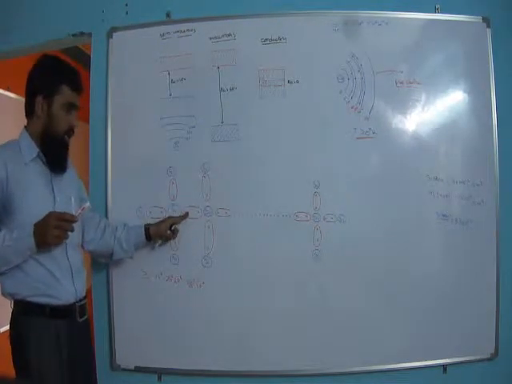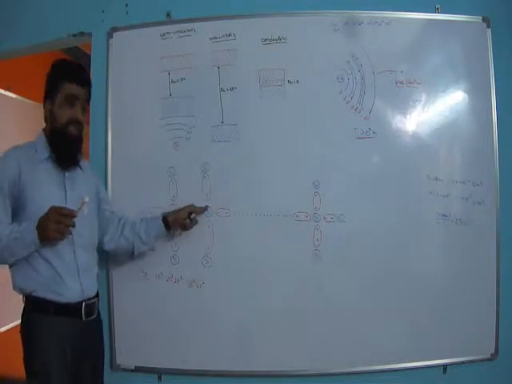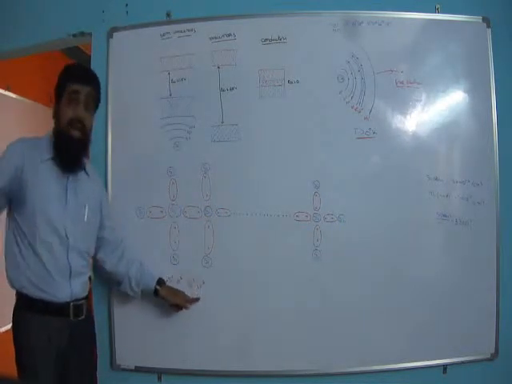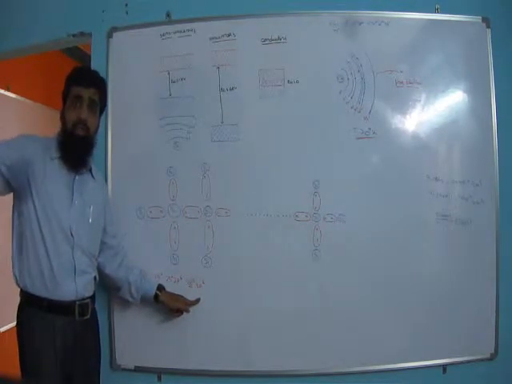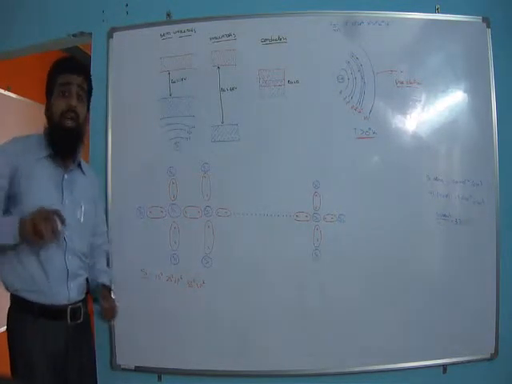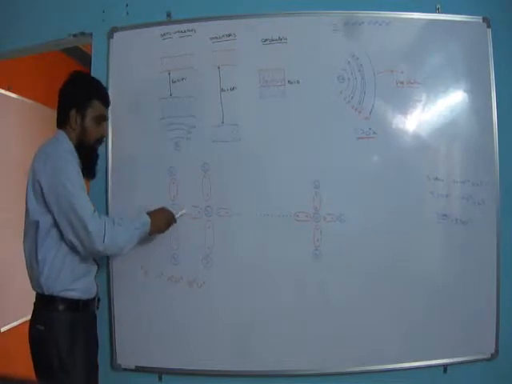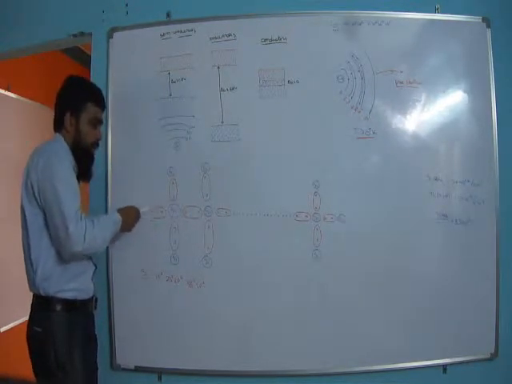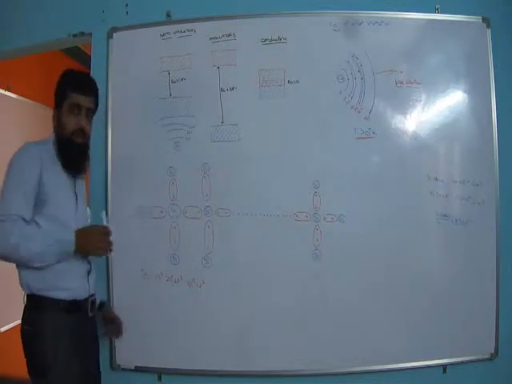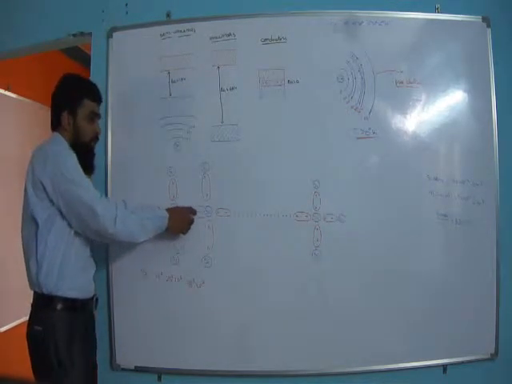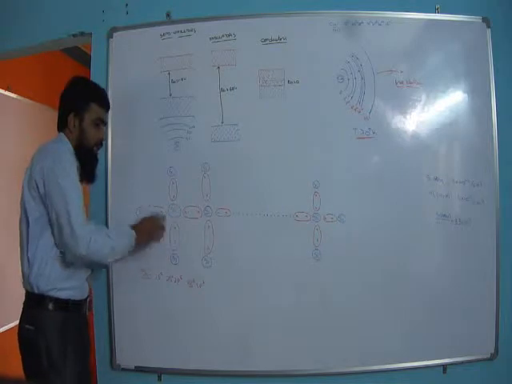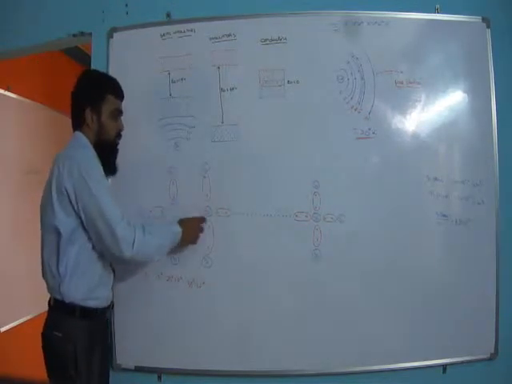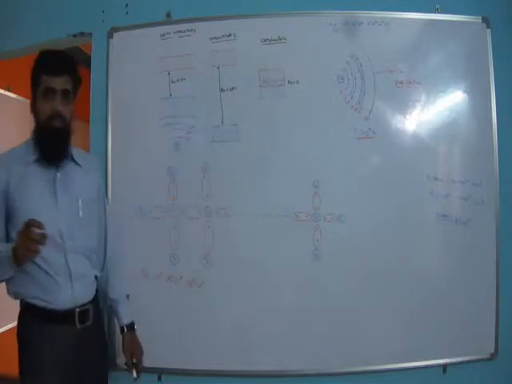This electron belongs to this silicon atom also, and this silicon atom also. So these silicon atoms form covalent bonds. Now this silicon atom has 1, 2, 3, 4, 5, 6, 7, 8 electrons. This silicon atom also has 8 electrons.